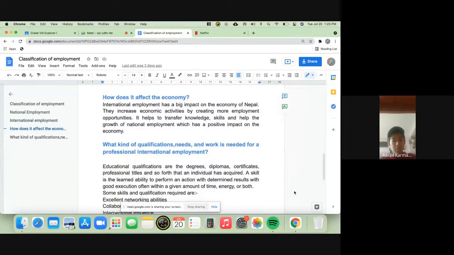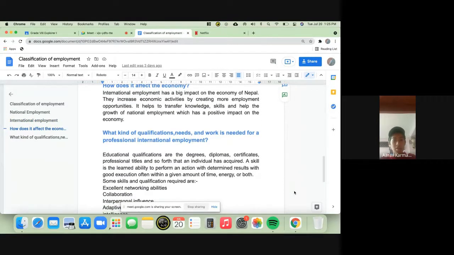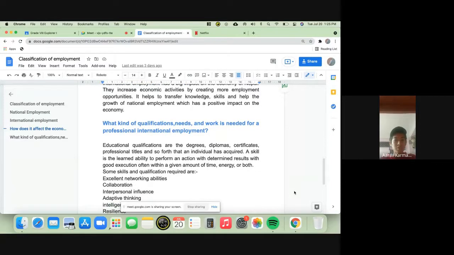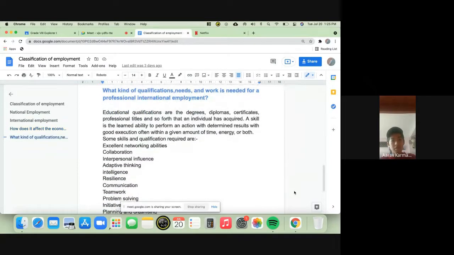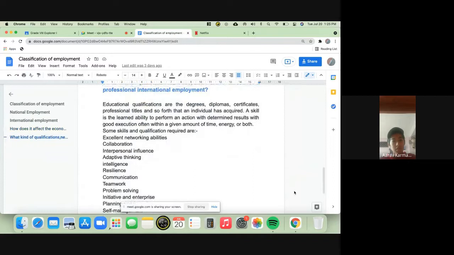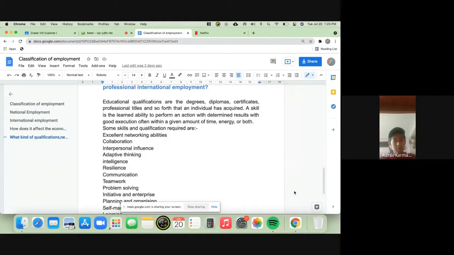What kind of qualifications and skills are needed for professional and international employment? Educational qualifications are degrees that are earned, often within a given amount of time, energy, or both.